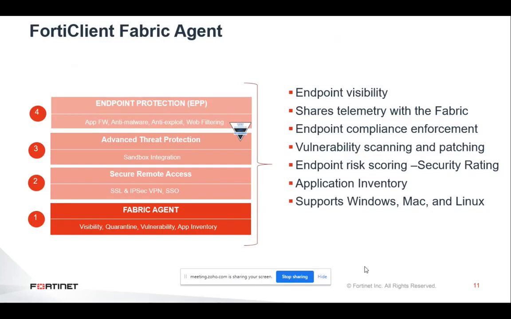The latest FortiClient EMS, which is an endpoint management server solution, and the FortiClient agent have added software inventory and a Linux Fabric agent as well. On the Fortinet website, you can find all the latest clients that support the different operating systems.